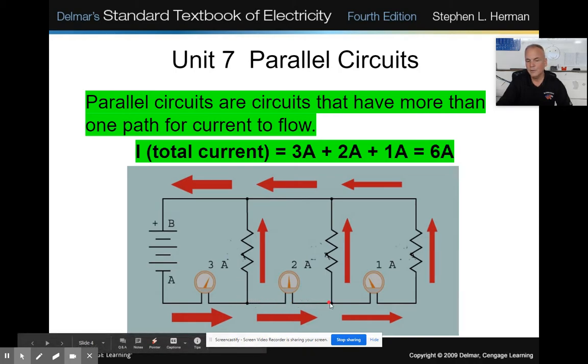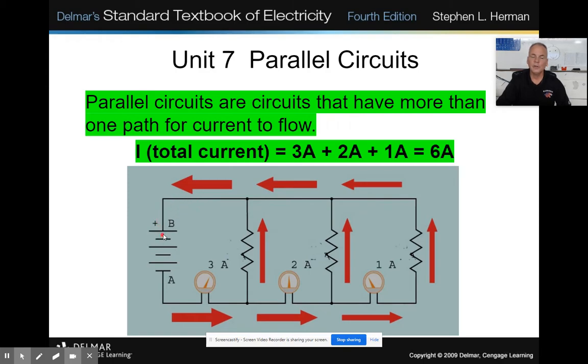And when it gets down here, it's going to have to make that decision again. Some's going to go this way and some's going to go this way. And as the current flows around the circuit, it's going to join back up with the current that went the other way. They're going to join back up together, come down through here, and all those that came from out here in the back are going to join up with the guys that went through the first resistor, and all of them are going to be going back through here.